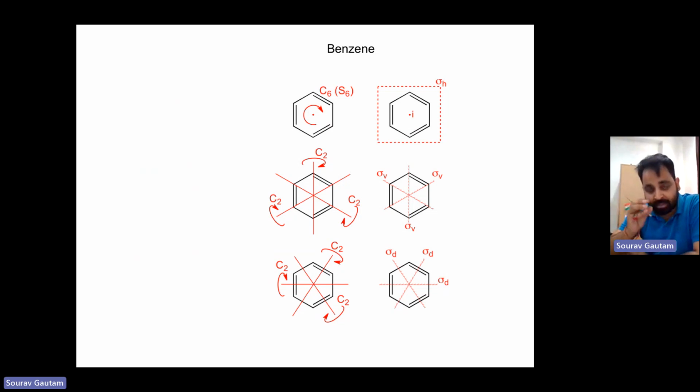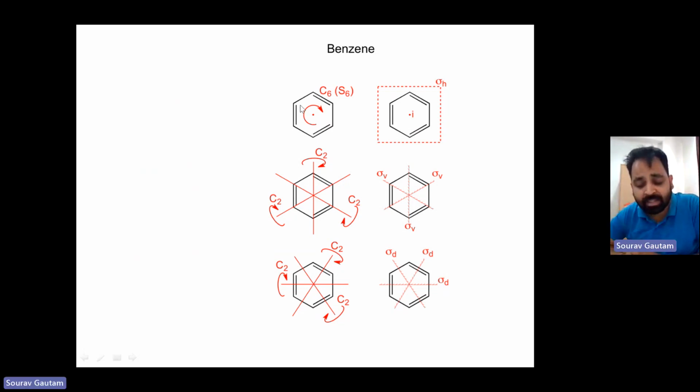It means after 6 rotations about the principal axis, we can get an identical configuration. So after 6-fold, we get an identical configuration, and it is called a 6-fold axis of symmetry. In benzene, C6 passes through the center of the hexagonal ring and is perpendicular to the plane of the ring, this point.